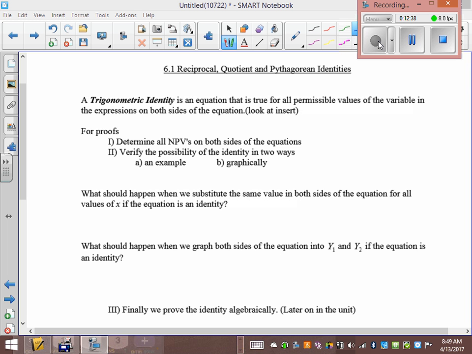If you have something equals something, right, and you substitute the same x value in, you should get the same answer on both sides, correct? That's one way to verify.